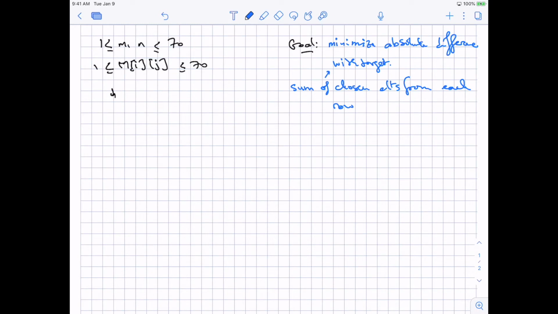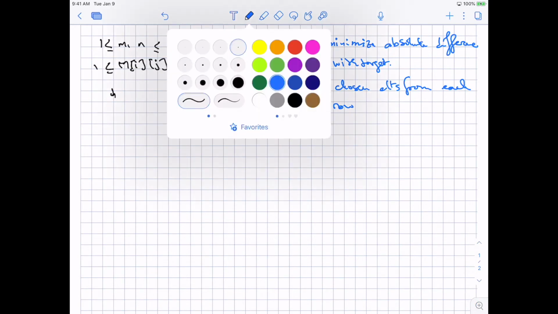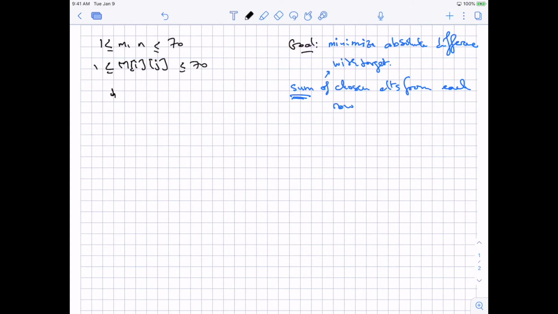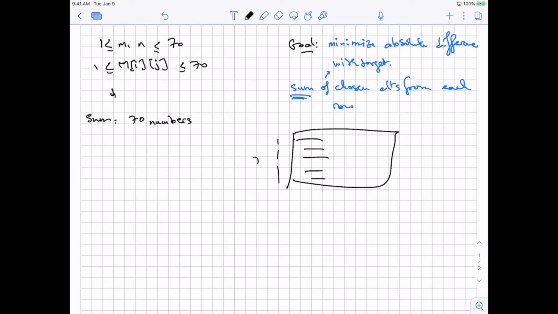Now, can we say something about this sum from this constraint? Yes. We are picking one element from each row. That means it's at most 70 numbers, because we can have at most 70 rows and at most 70 columns, but from each row we are picking just one.